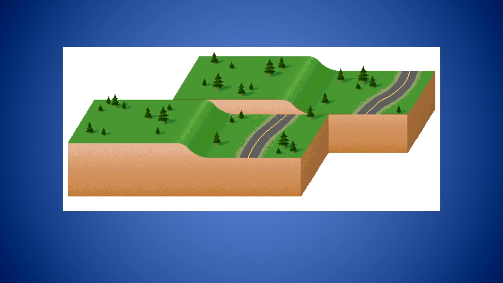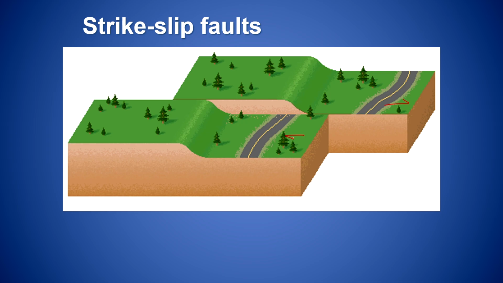So this is a typical strike slip, where one plate, or block, has moved this side and another has moved away from it. Okay.